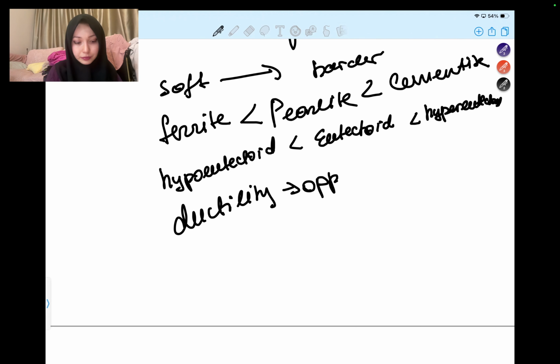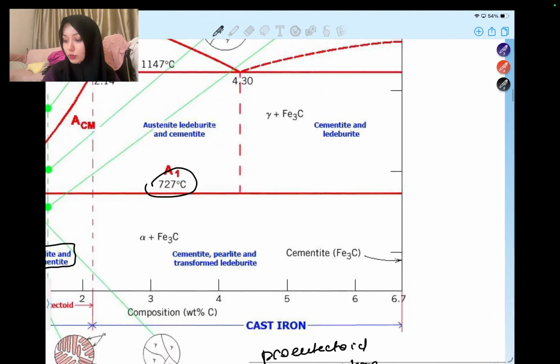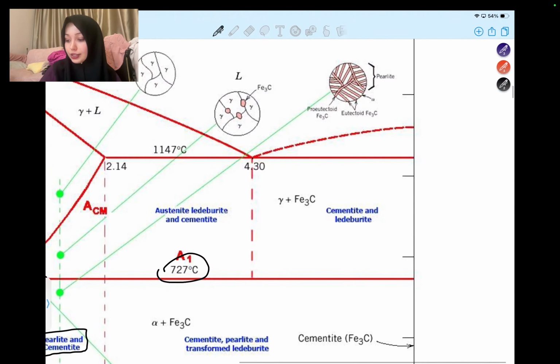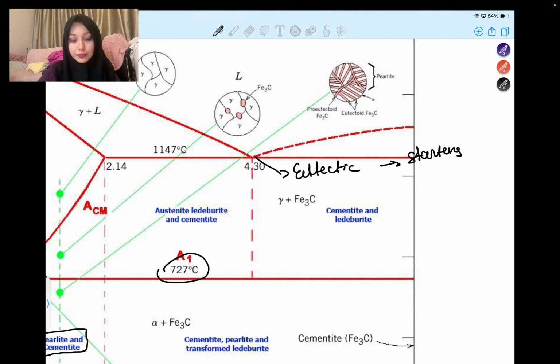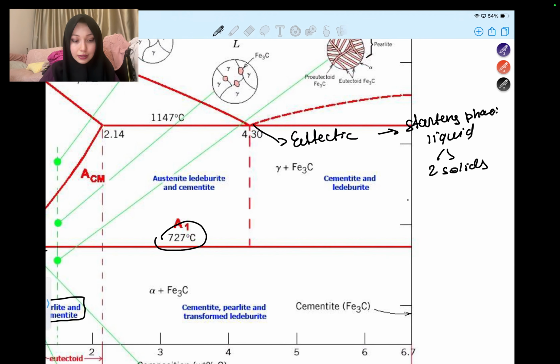So then, let's discuss a bit more on eutectic. As we've mentioned before, eutectic is working with liquid. It's called eutectic reaction, and the starting phase is liquid, and as a reaction we have two solids.